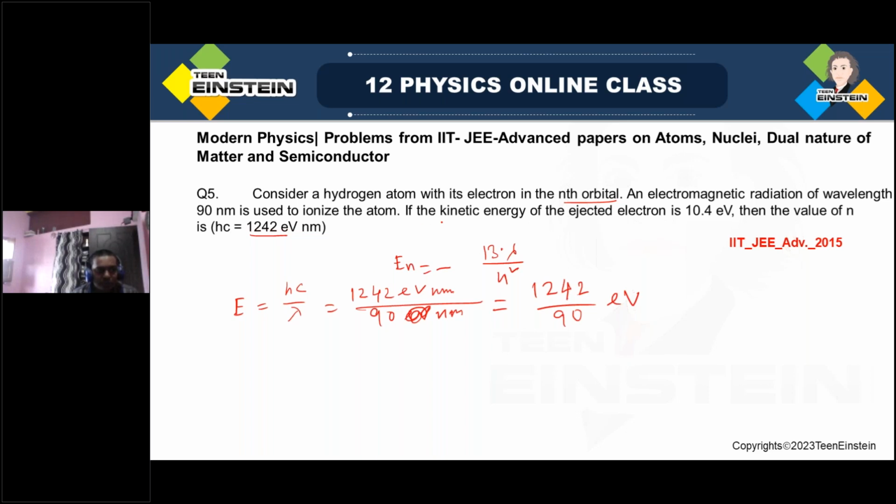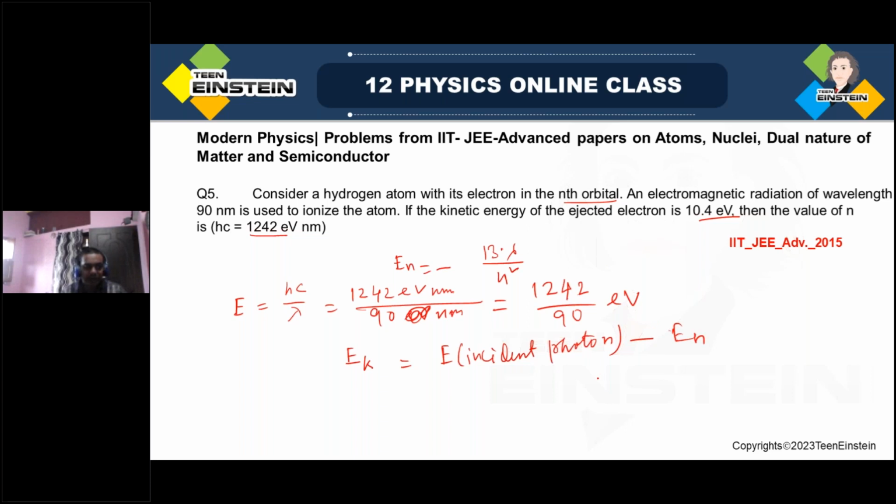Now if the kinetic energy of the ejected electron is this, that means what? The kinetic energy of the electron will be the energy of the incident photon minus the energy of the nth orbital.